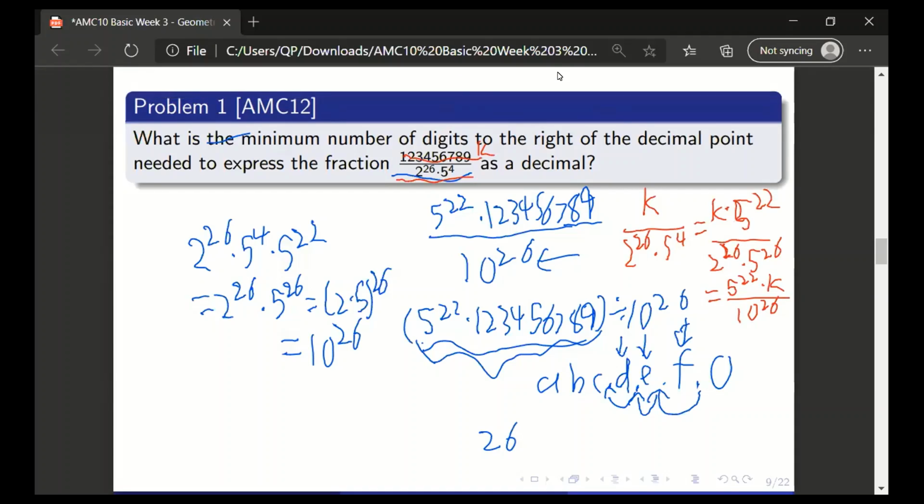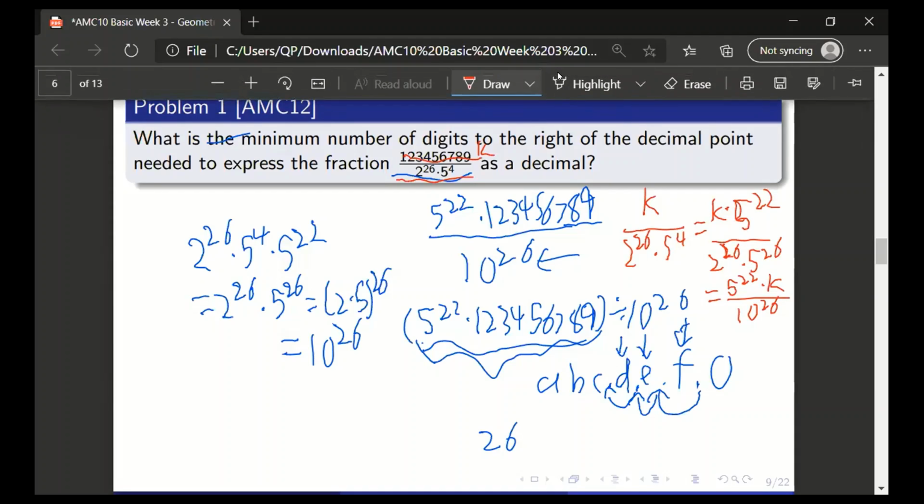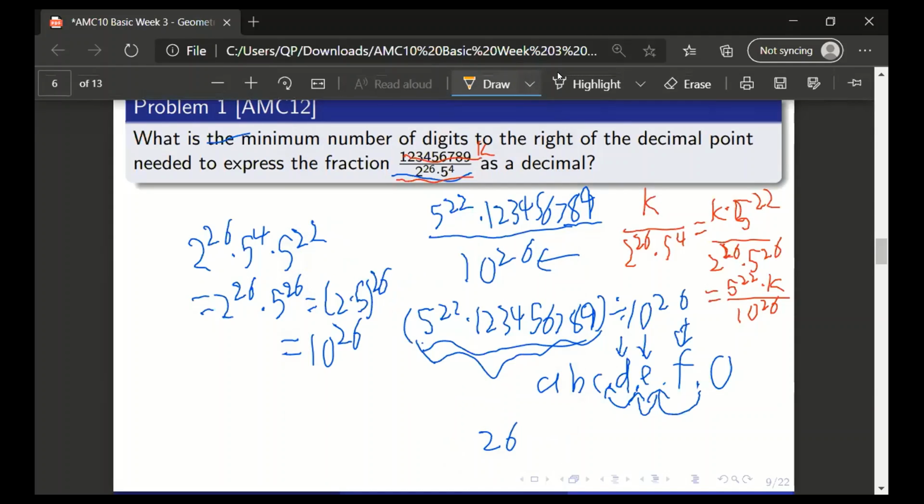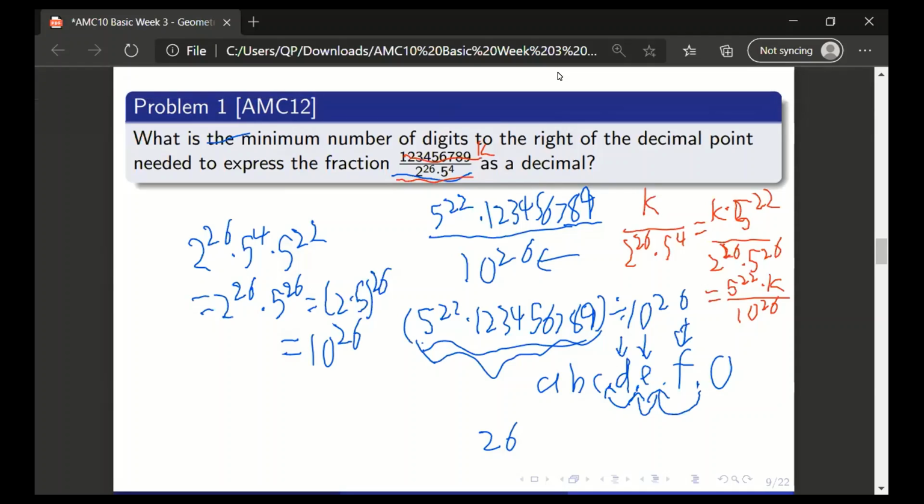All right. And so whenever you divide a number by 10, my example number is going to be like 103597246.0. So currently there's 0 digits to the right of the decimal point.